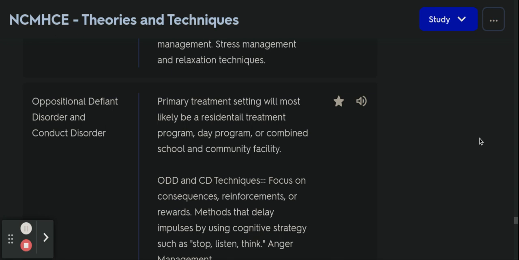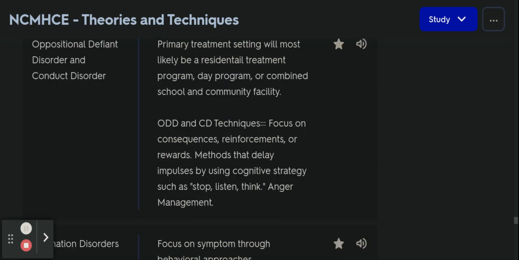Oppositional defiant disorder and conduct disorder. The primary treatment setting will most likely be a residential treatment program, day program, or combined school and community facilities. Techniques focus on consequences, reinforcement, or rewards, and methods that delay impulses by using cognitive strategies such as stop, listen, think, and anger management.